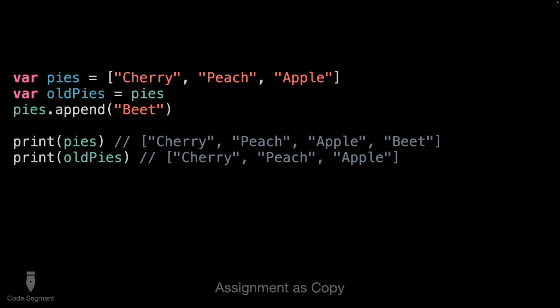You're making another 500 megs, right? So value types, you want to keep them small, you want to keep them concise, you want to keep them tight, okay? Things like strings, things like arrays, things like integers, right? Yeah, okay, cool. So that's assignment as copy.